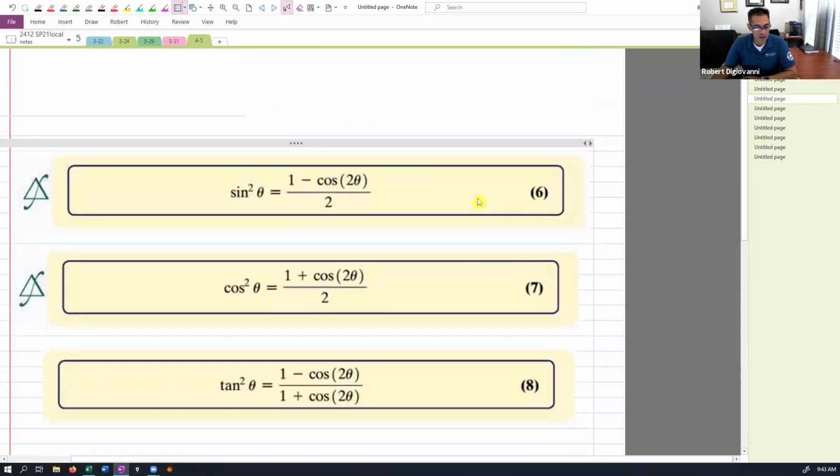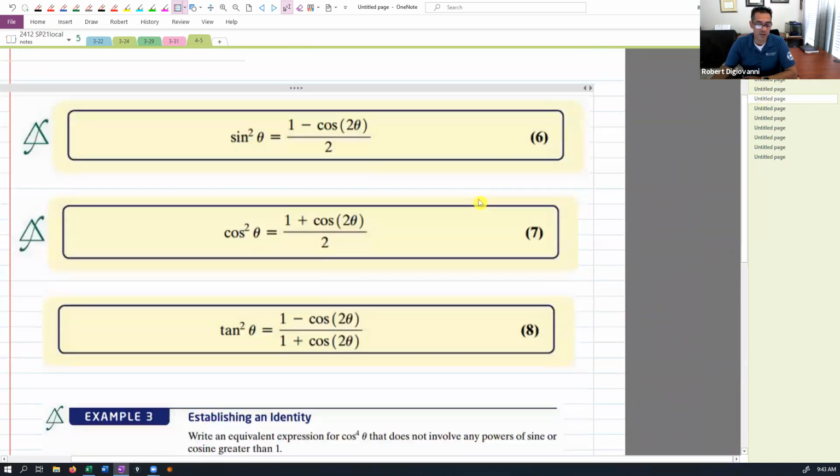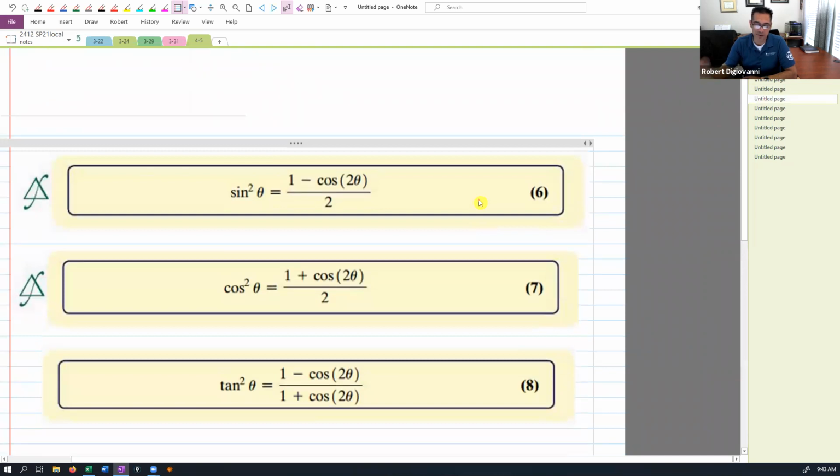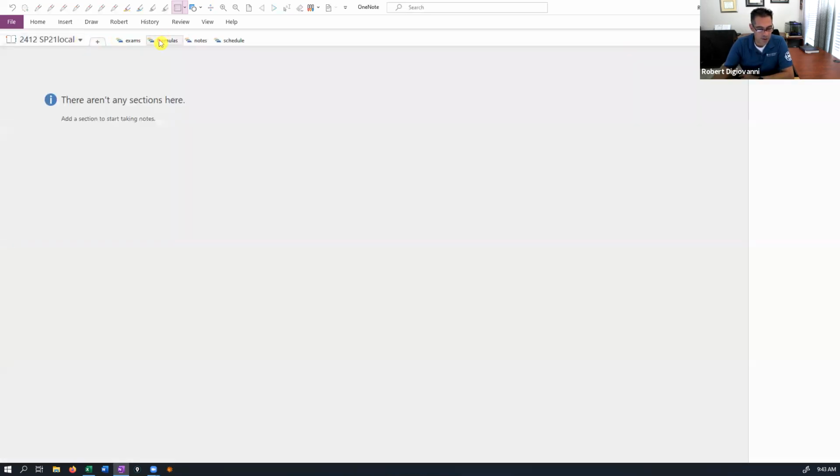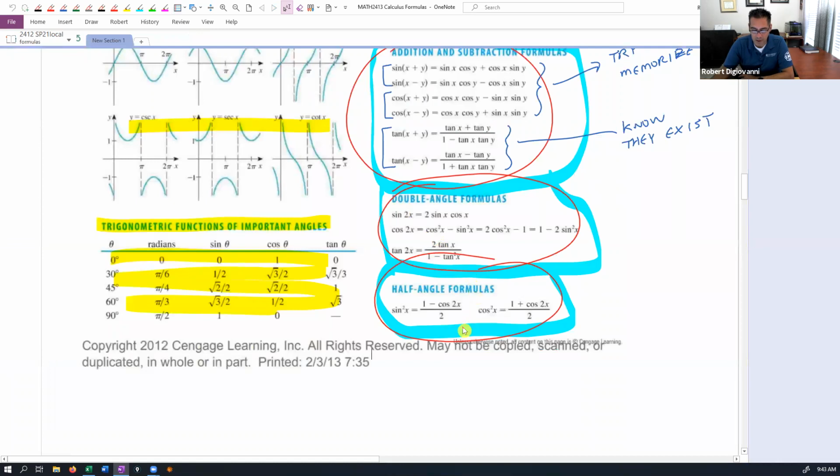Okay, the next formulas. These formulas don't have a name here, but let me make sure they're on your formula sheets. Let me see what they call them on the formula sheet. Yeah, here we go. They call these the half angle formulas on your formula sheet.